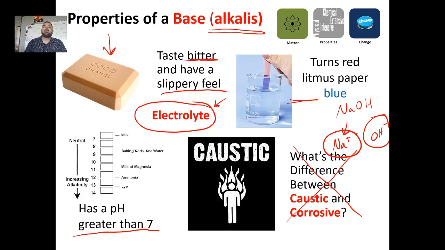So that means when you put it in water, it stops being NaOH. It becomes Na and OH. So when we put NaOH in water, so NaOH plus H2O, I'm putting a formula up there. When you put it in water, it's going to form H2O, but it's also going to form Na plus and OH minus.